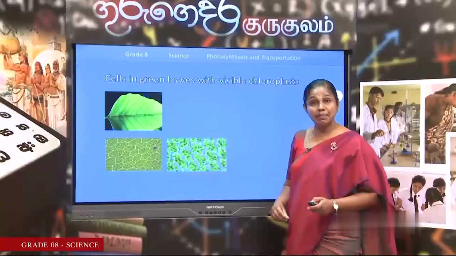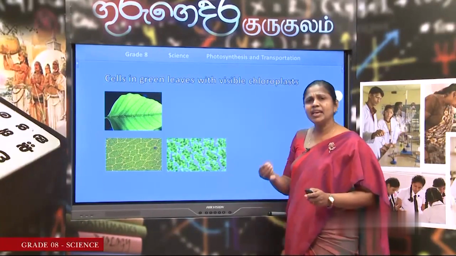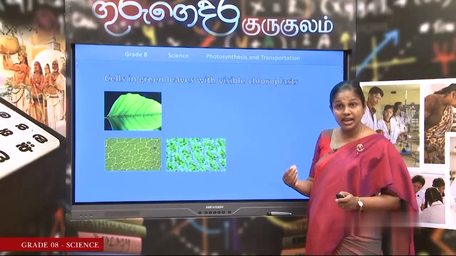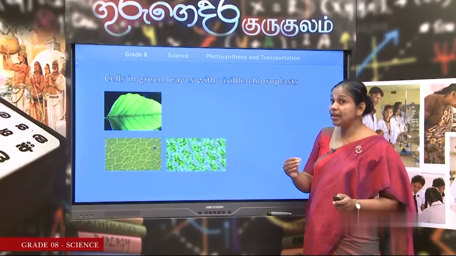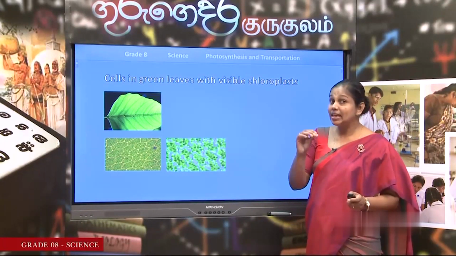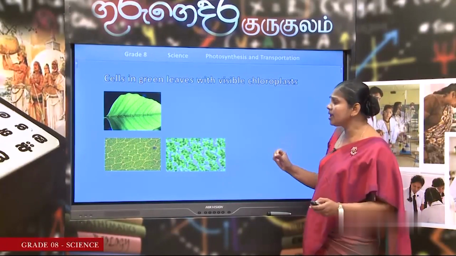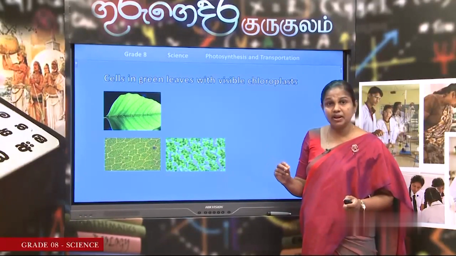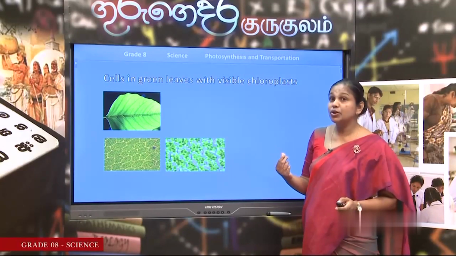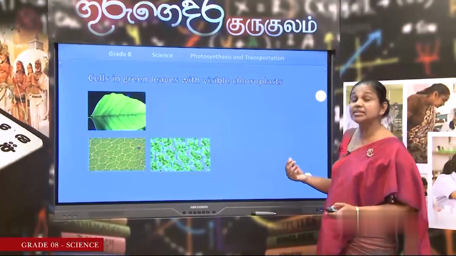These green color parts are called chloroplast. They are tiny microscopic structures in cells. Actually, this process, photosynthesis, takes place inside these tiny structures, chloroplast. Why are they seen in green, children? Because there is a color pigment called chlorophyll contained in these cells.